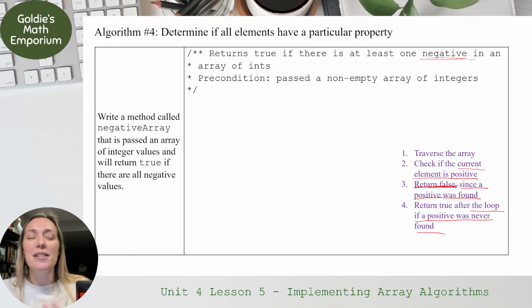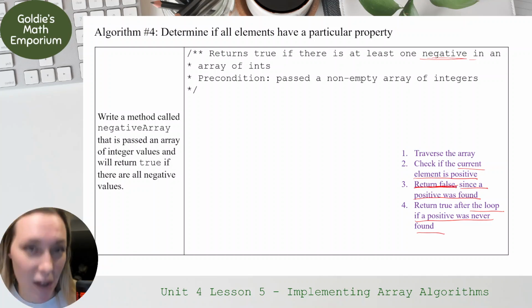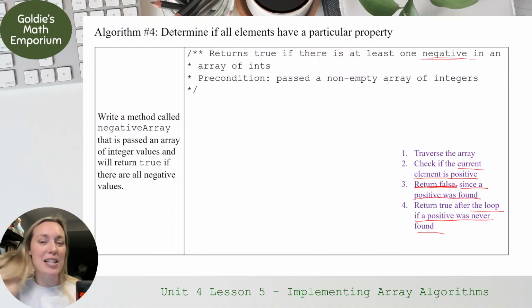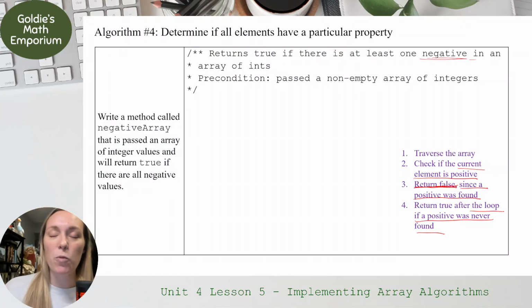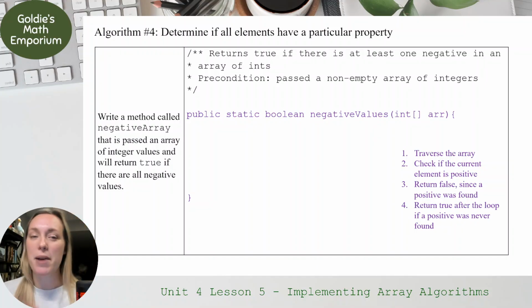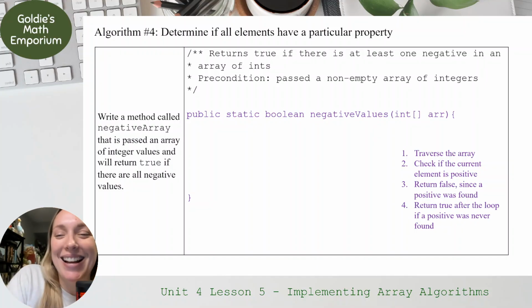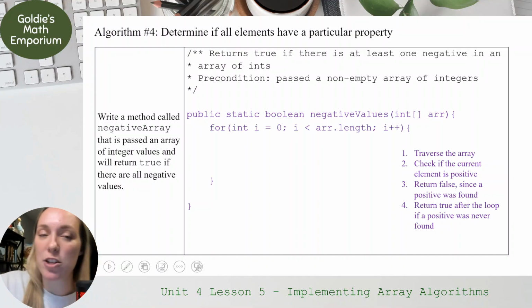Now, I wasn't very careful about where 0 falls, okay? Where 0 falls in this, but the way I have this written, we're going to assume that 0 is going to be a positive number, okay? I should have written it better, but it is what it is. So we're going to return a true or false value. We're passed an array of integer values.